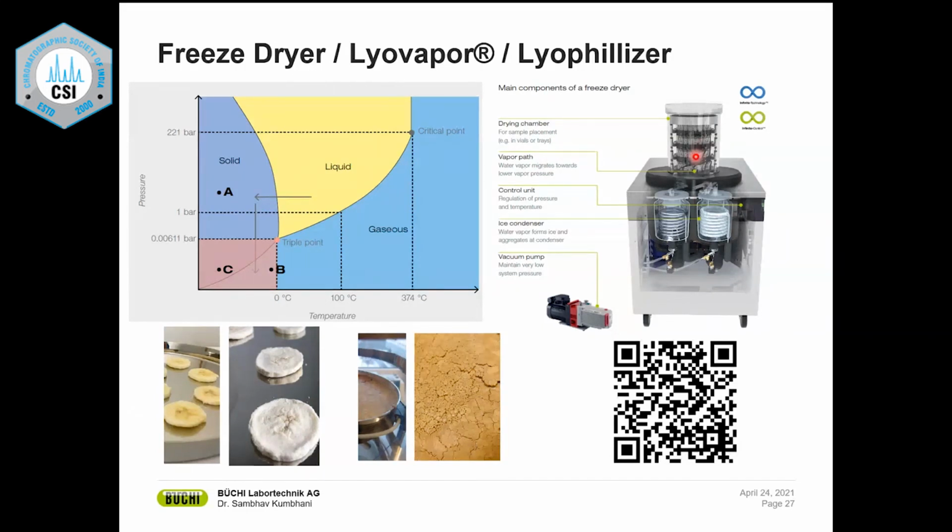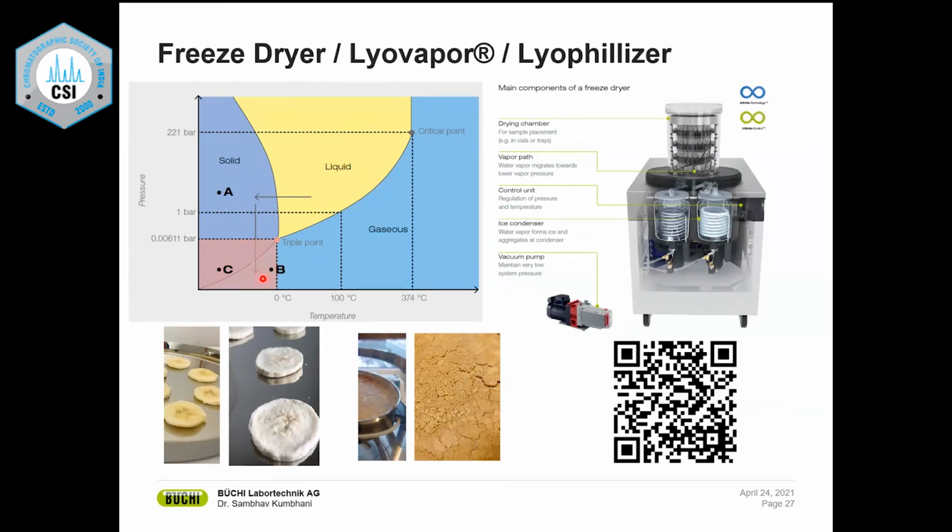There are many different ways you can load a sample, but the idea is you load a frozen sample in there, and then using a vacuum pump you reduce the pressure inside the chamber big time, and bring it below the triple point and below the liquid line, and go from solid to gas phase directly. You sublimate your ice from solid to gas directly. In this area it is in solid phase, and in this area it is in gas phase, so you go from solid to gas directly.